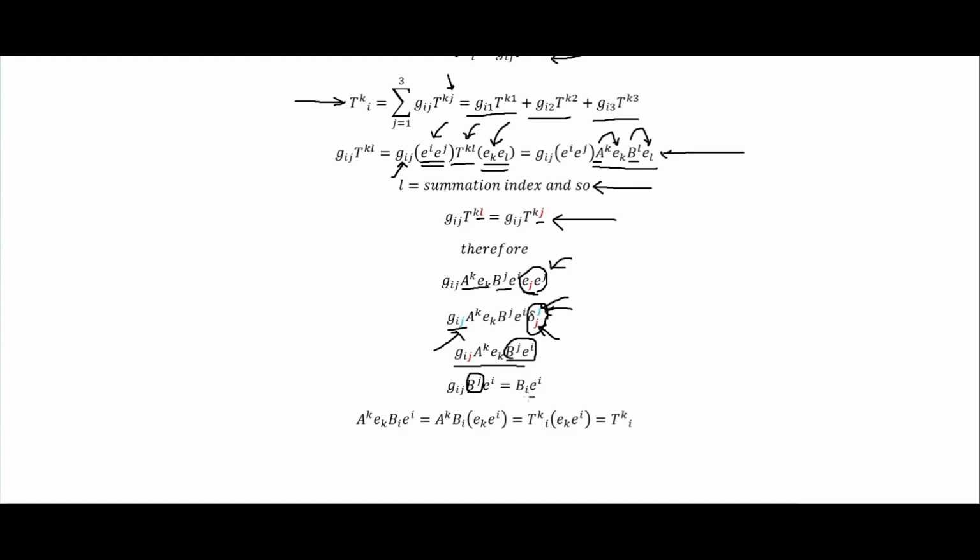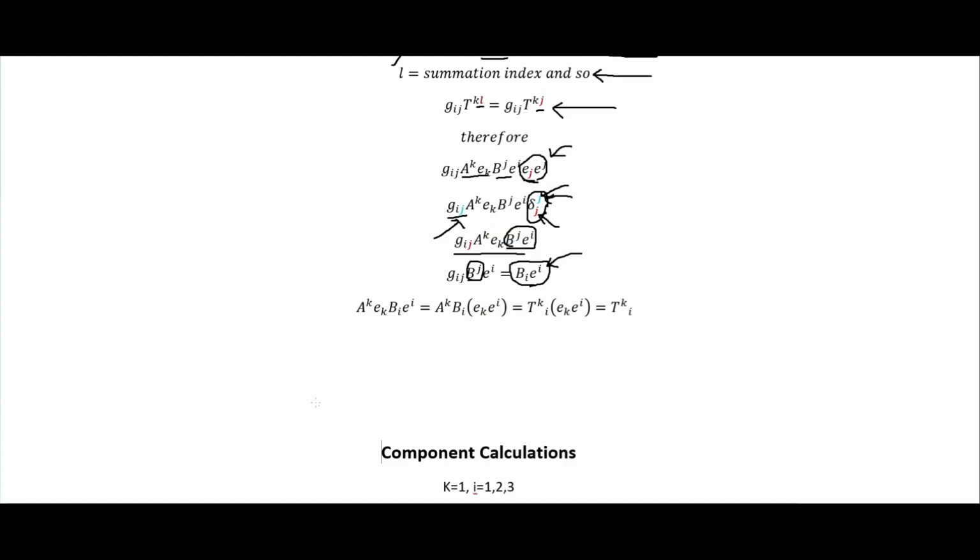And so we end up with our B_i as a covariant component, with our e^i as our contravariant basis. And so if we take our A^k e_k like this, and our B_i e^i like this, we can pull the components out like this.